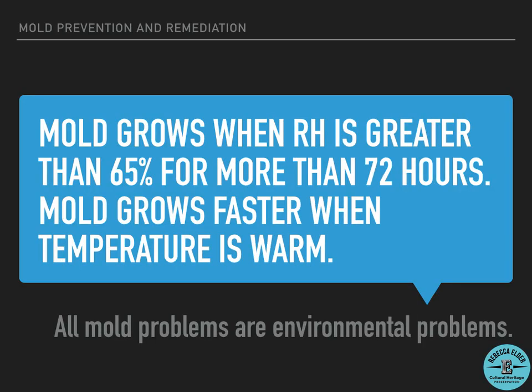So now on to regular molds, the common things you're likely to see. This is the statistic that you should drill into your head. Mold grows when your relative humidity is greater than 65% for more than 72 hours, more or less. And mold will grow faster when the temperature is warm.